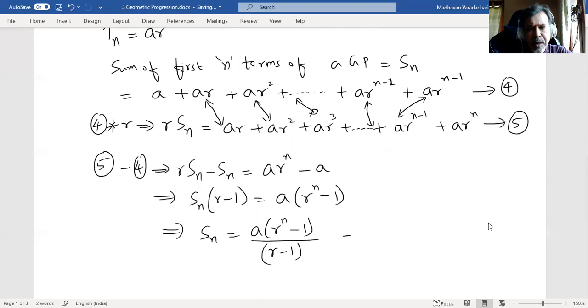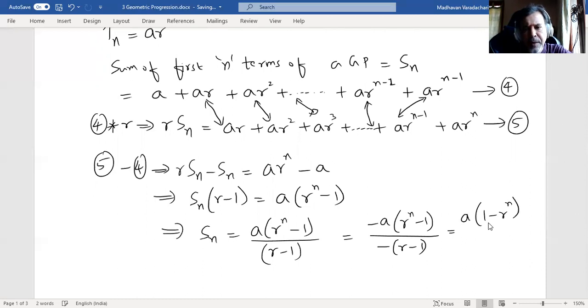Now, if I multiply numerator and denominator by minus 1, what do we get? We get A minus A R power n by minus of R minus 1. If I take the negative sign inside, it will become A into 1 minus R power n by 1 minus R. So we have both these formulas applicable.